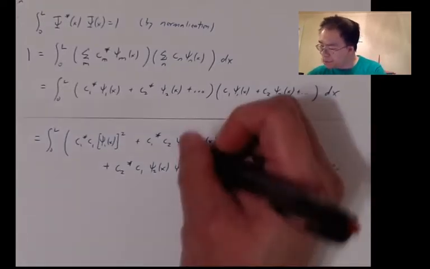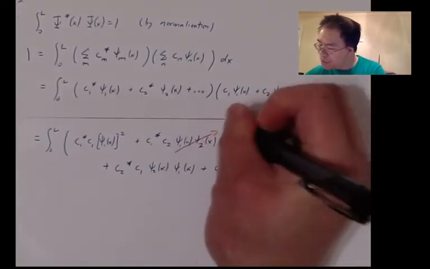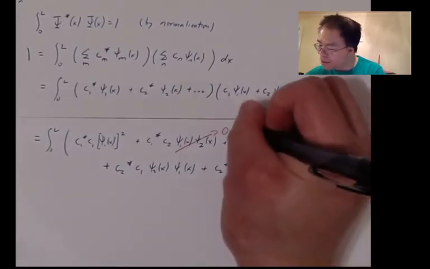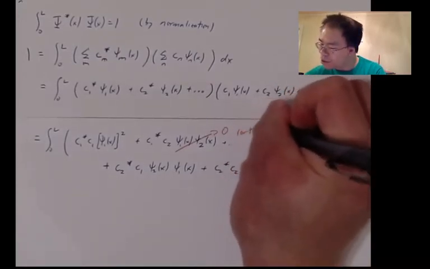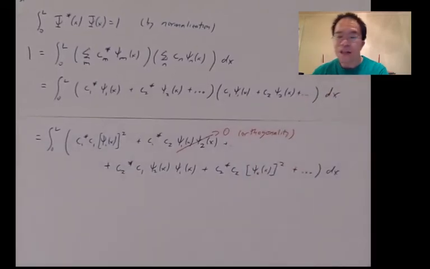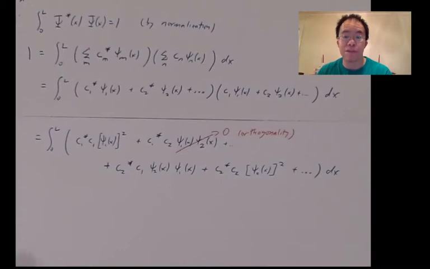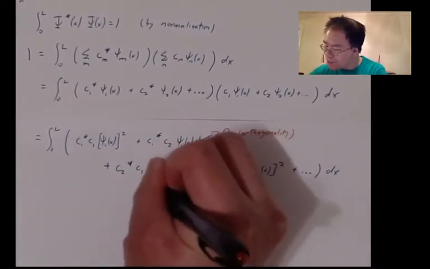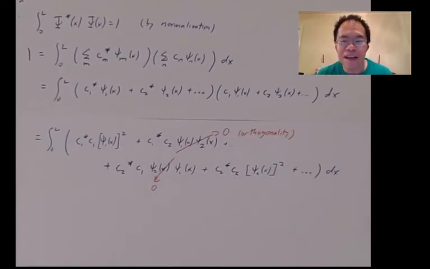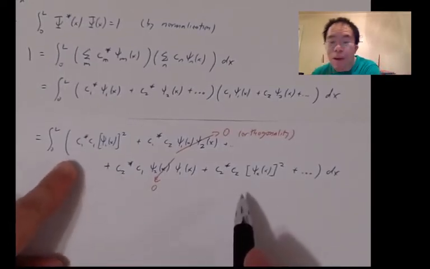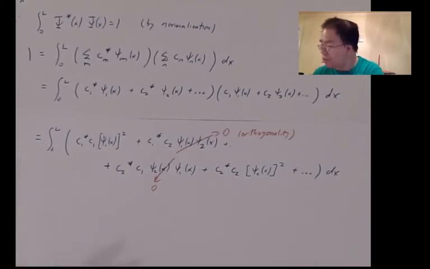Let's cancel this, so it vanishes by orthogonality. Same thing applies to this term over here, because it's a product of two different stationary states, so that term also vanishes. In fact, you can now see that most of the terms are going to vanish. The only ones that don't are the ones that have the index identical.